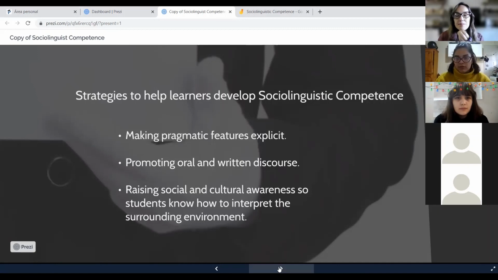I need to think about the functions, the situations. So some strategies that you can take into account to help your students are making pragmatic features explicit. This means to make explicit the functions of each of the language forms that you are teaching, and in which situations this language will appear.